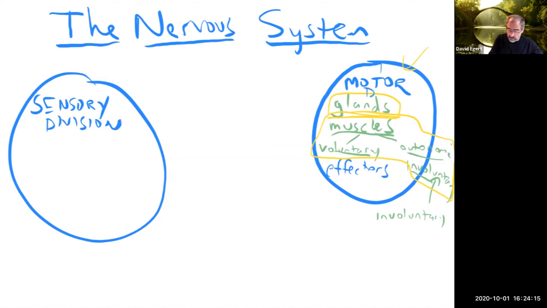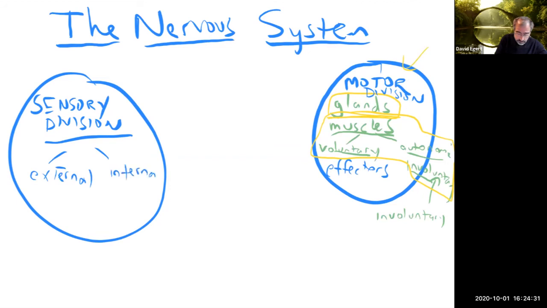This is like this motor division, getting information about, and this is both external and internal information. You obviously have the five senses, like vision and hearing and taste and smell and touch. And we're going to look at all of those in detail.